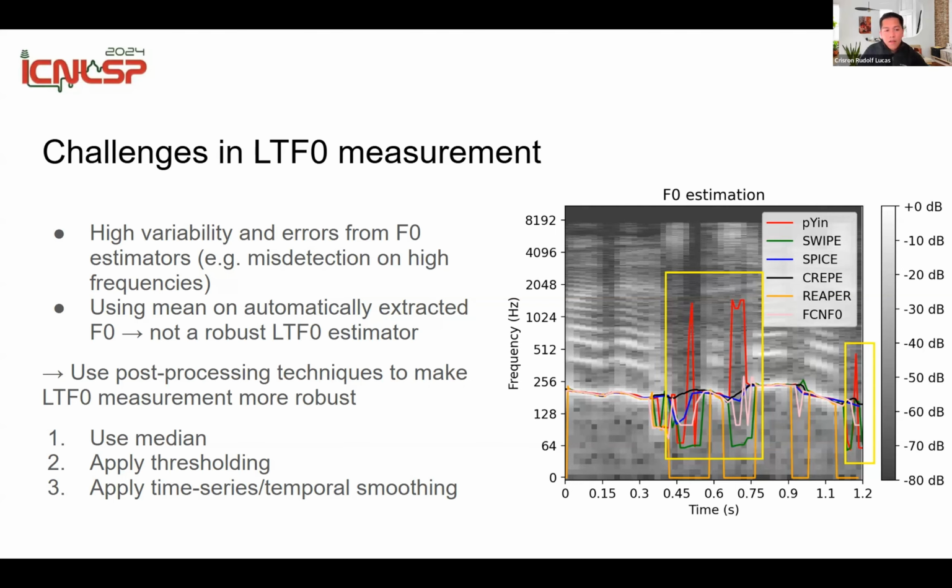One is the median. There are previous works that also used the median for modeling voice, especially on duration and intergender rankings. The next one is applying thresholds. pYin and Reaper already have a threshold of their own, but the other techniques still don't have this thresholding.